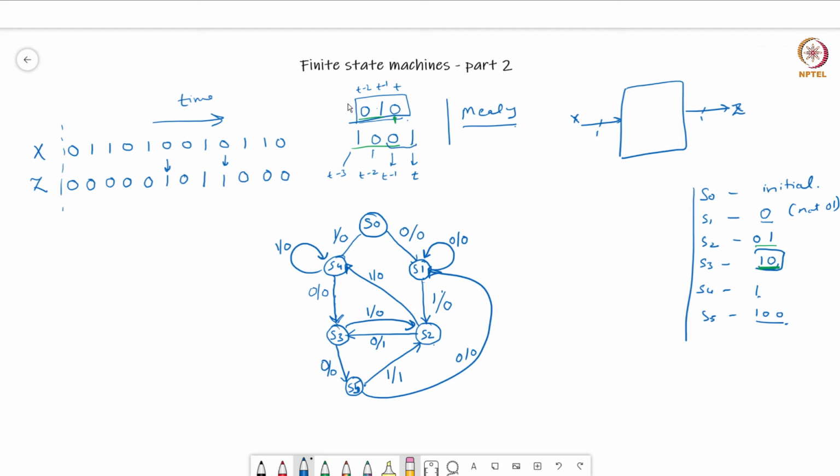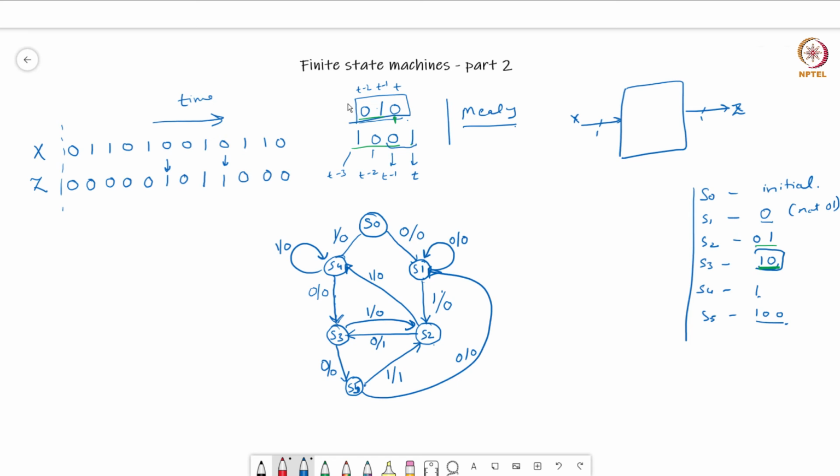So we'll again fall back to the first example. Let us look at this input sequence and see whether we are able to correctly do these state transitions, whether we are able to match our output, and in what state we are. So let's write down in which state we are.